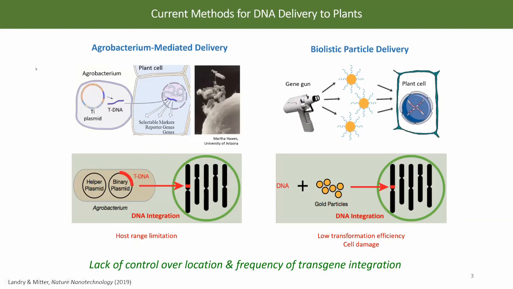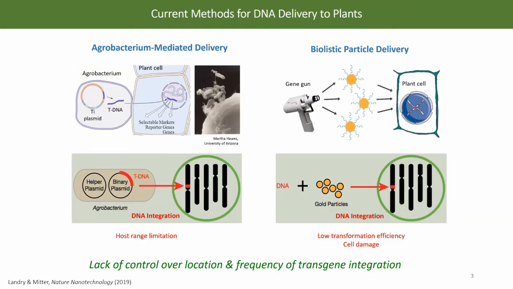Agrobacterium-mediated delivery suffers from drawbacks of species range limitations. So some species, especially wild species and even subcultivars of the same species, might not be susceptible to agro-mediated infection. Conversely, biolistic particle delivery is an abiotic method whereby DNA, RNA, or protein can be dehydrated onto the surface of a gold particle and can be shot into plant tissue using a high-pressure gene gun.